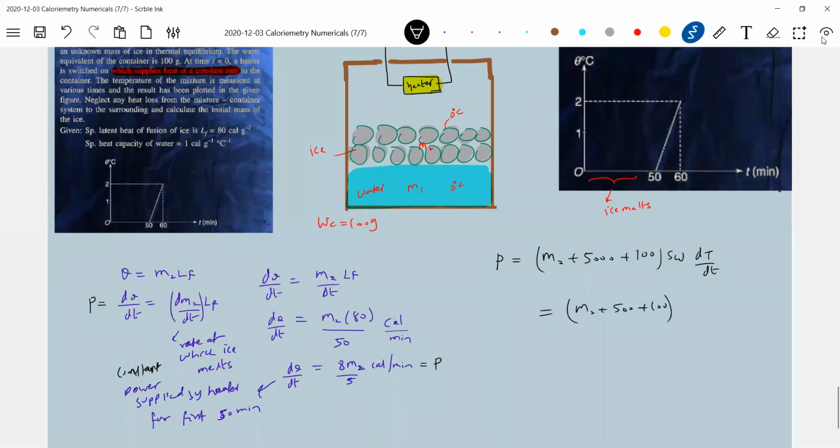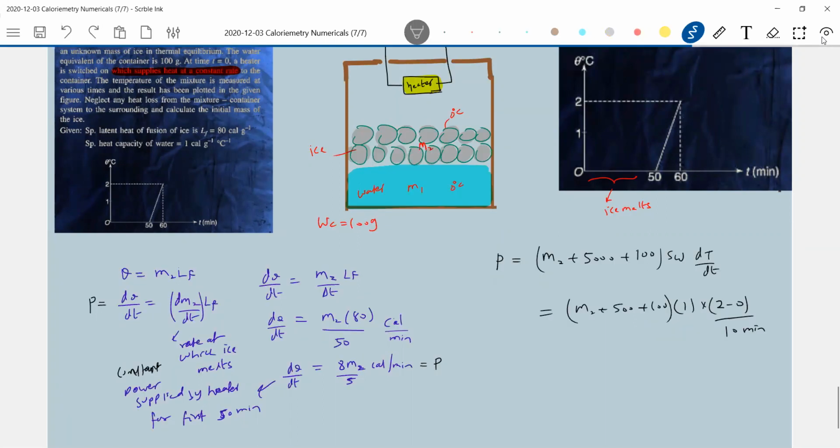Specific heat of water is 1 calorie per gram per degree, so that will be 1. What is the change in temperature? 2 minus 0. What is the time interval? 10 minutes. Same calorie per minute.